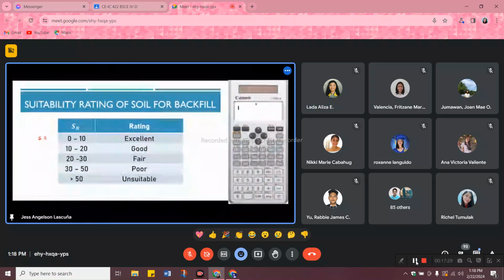This is used in earthworks projects. If you do a sieve analysis and your value is greater than 50, it is better not to use that soil for backfilling because it is unsuitable. Unsuitable means it is not a fit material to use, maybe because it contains organic material or impurities that do not help in compacting the soil.